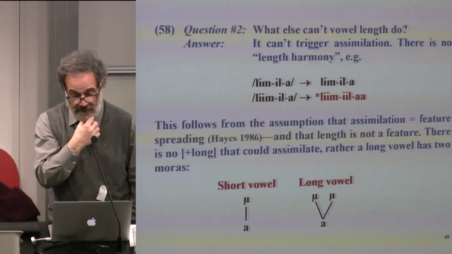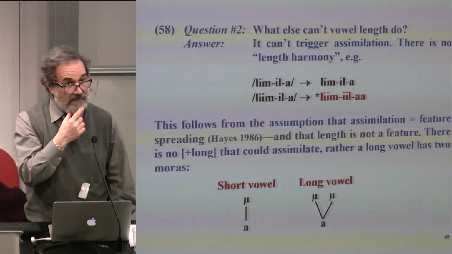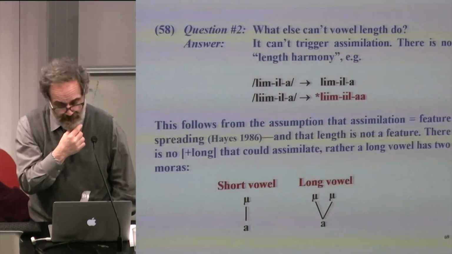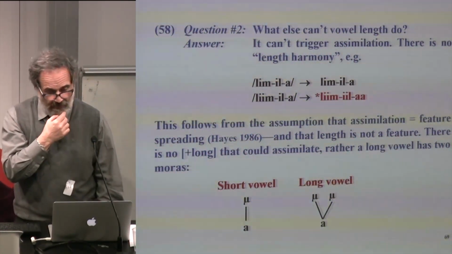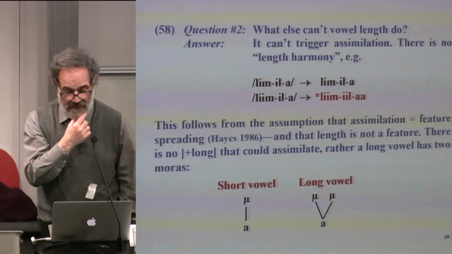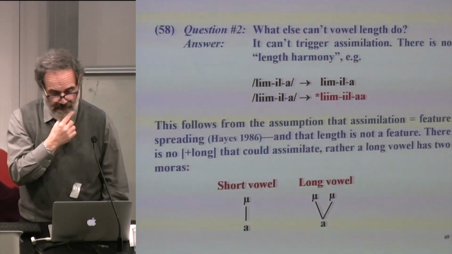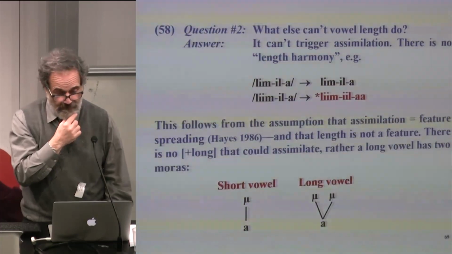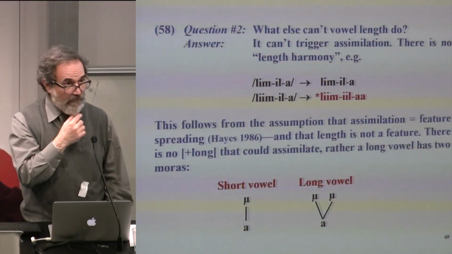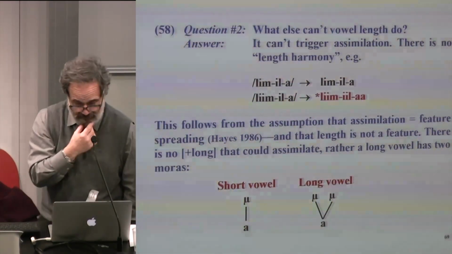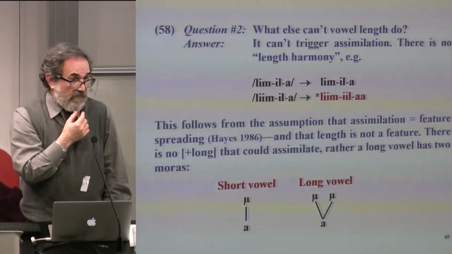So limila would be limila, but limila would become li-mi-la, right? So they'd all, and this follows from the assumption that assimilation is feature spreading, and that length is not a feature. I know a lot of people don't do assimilation this way necessarily, but let's say it is a feature that spreads, that extends, but length isn't a feature, right?